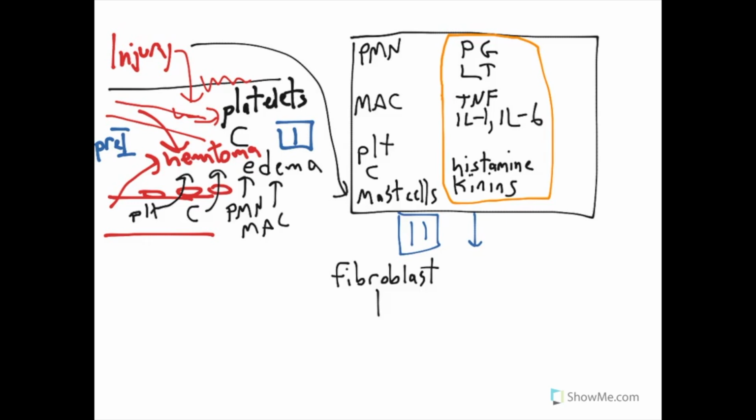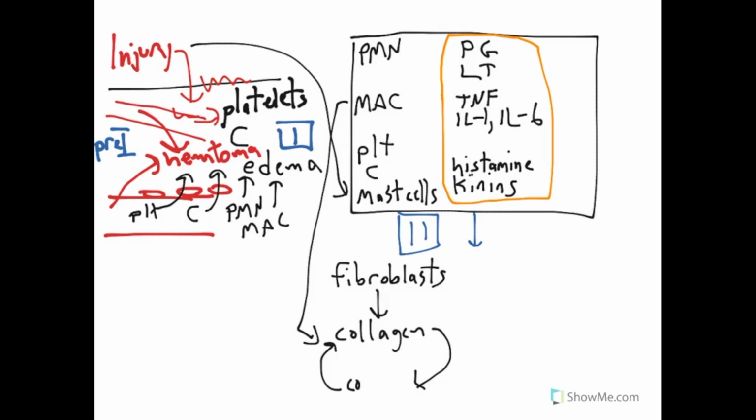So in this next phase, fibroblasts are going to produce more collagen, while macrophages are going to eat up the collagen that is not needed, and we have that nice cycle of collagen synthesis and collagen lysis to produce nice, healthy, new collagen, and that is going to be phase 3. So here's another way you can draw it out, and there you go.